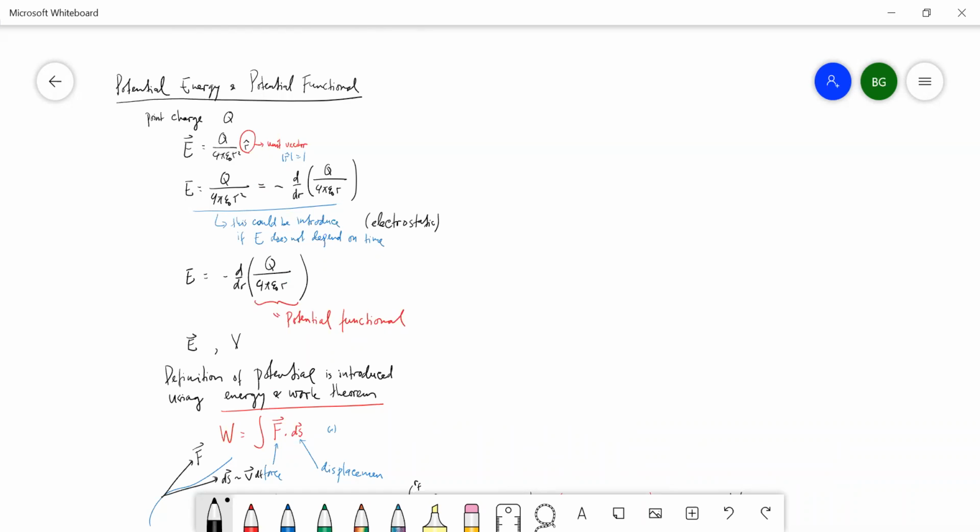So usually this module is about Coulomb's law, force, and everything. There is no potential. Maybe in the second module.